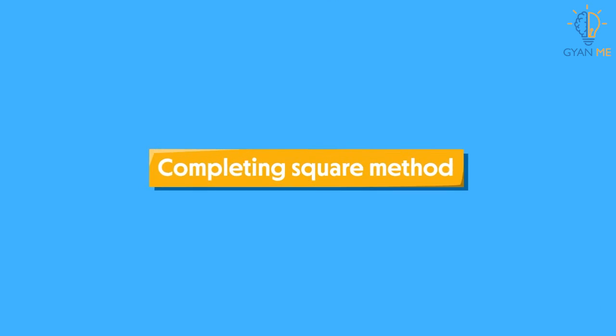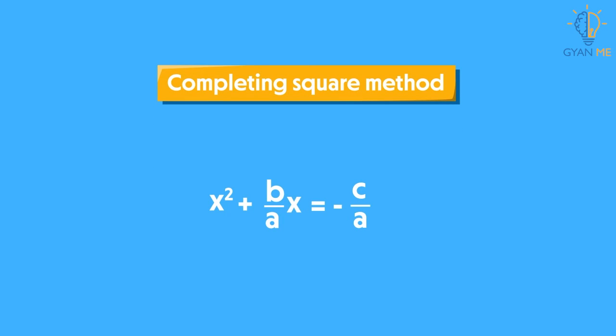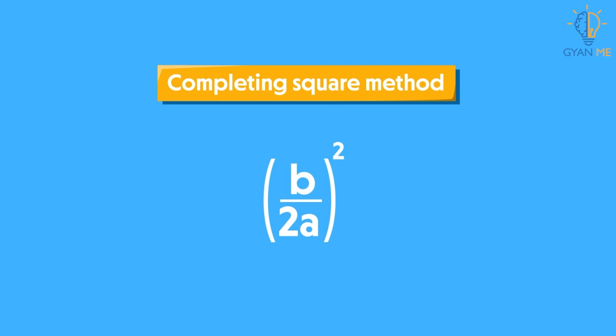Now according to completing square method, to convert our expression into a perfect square expression, consider the middle term b by a x and take only the coefficient part, that is b by a. Make it half, we get b by 2a. Now make it a perfect square term, which is b by 2a whole square.